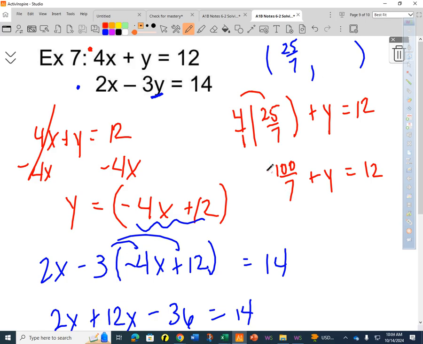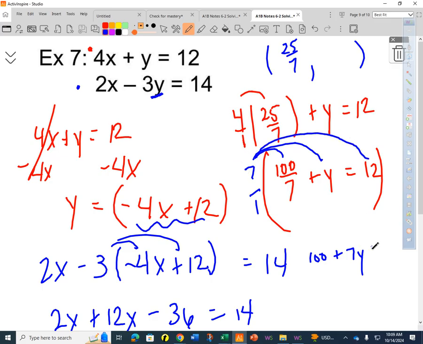So if we multiply everything by that 7, we get rid of that 7 on the bottom. So that's going to be 700 over 7. 700 divided by 7 is 100. Plus 7 times y is 7y. And 7 times 12 is 84. So now I have an equation and I don't have any fractions.